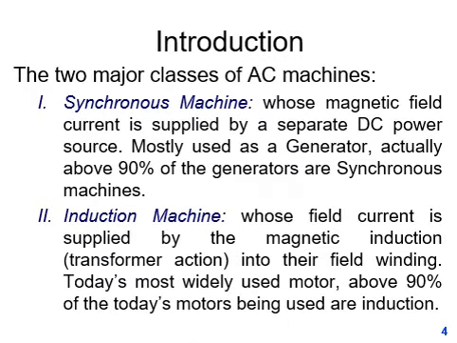There are two major classes of AC machines. One is the synchronous machine and another is the induction machine. Those machines are classified as synchronous machines which have magnetic field current supplied by a separate DC power source.